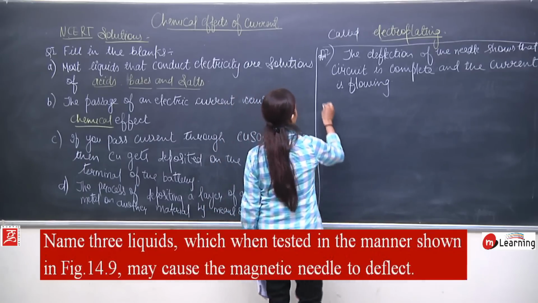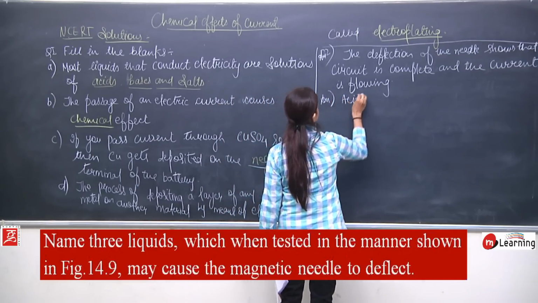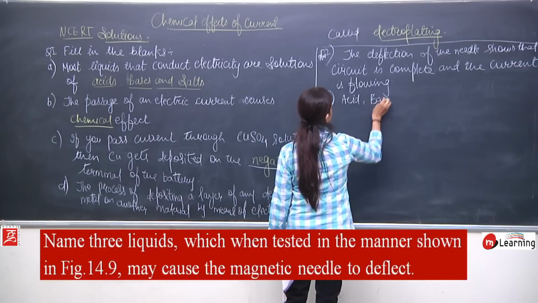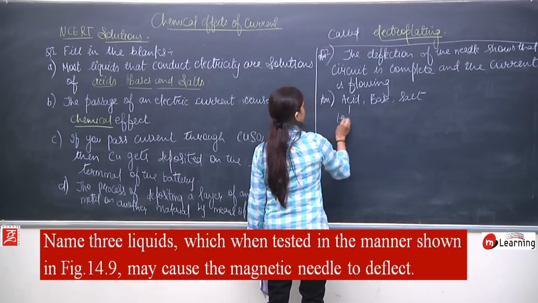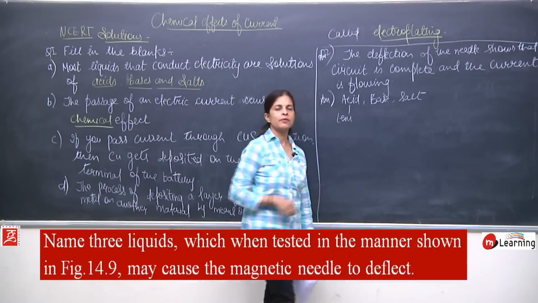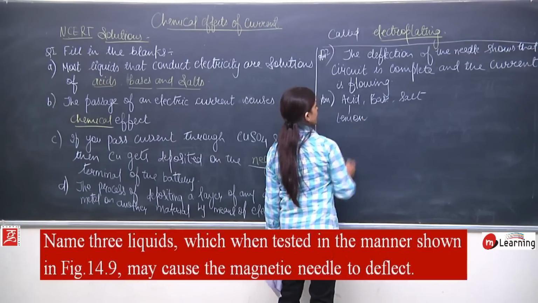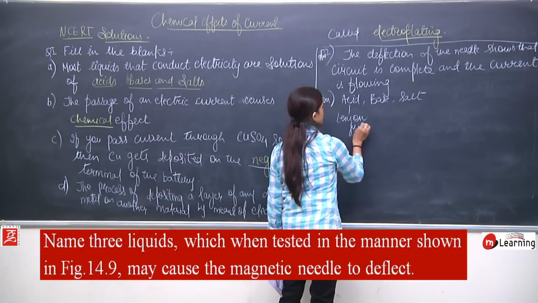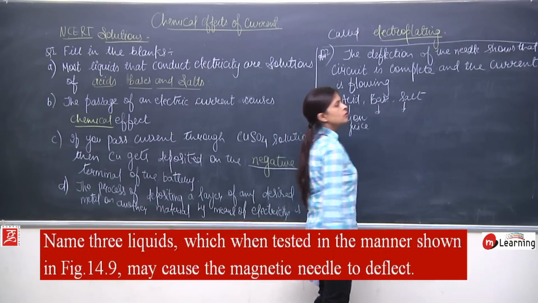So, it can be any acid or base or salt. Now, in acid you can write lemon juice, anything like in this way. We have studied these acids and bases also in 7th standard. So, we can write over here 1 acid's name, 1 base name and 1 salt name.